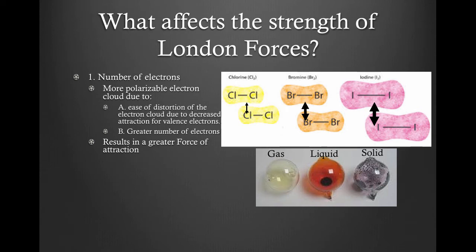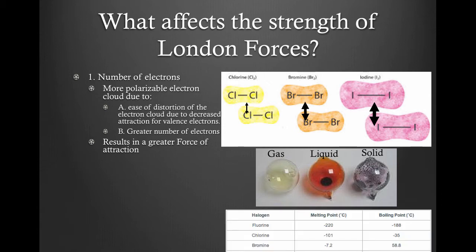And notice we know that there's no permanent dipole here because these molecules' electronegativities are zero, because iodine's electronegativity minus iodine's electronegativity, of course, will be zero.